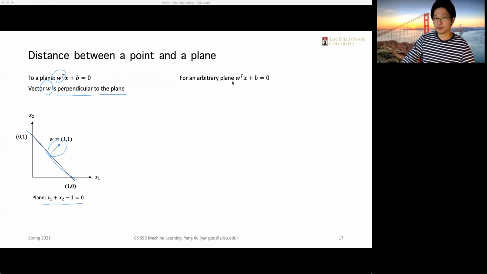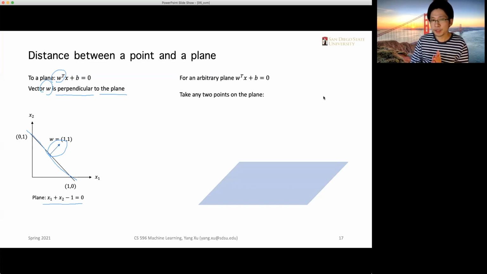So for an arbitrary plane in this form, we will first prove that W is perpendicular to the plane. We can take any 2 points on the plane, which are x prime and x double prime. We have 2 randomly picked points on the plane.